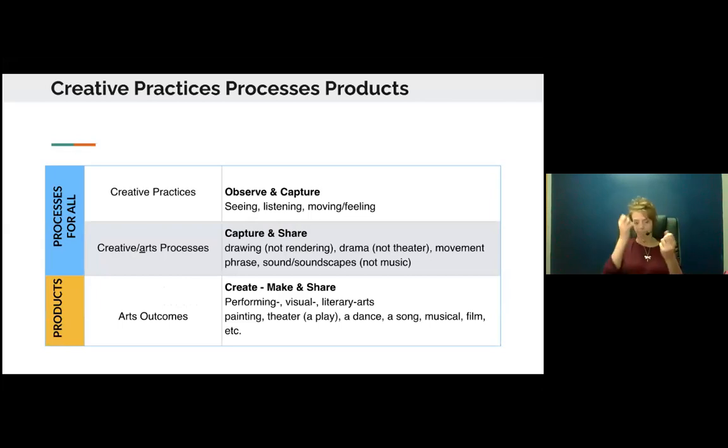These creative practices, when we talk about those, we share them as just seeing, listening, and moving through space. So when you're in the world, how are you taking things in visually? How are you hearing and listening? And then how do you move and feel and understand space with our other senses? And that's what artists are trained to do.